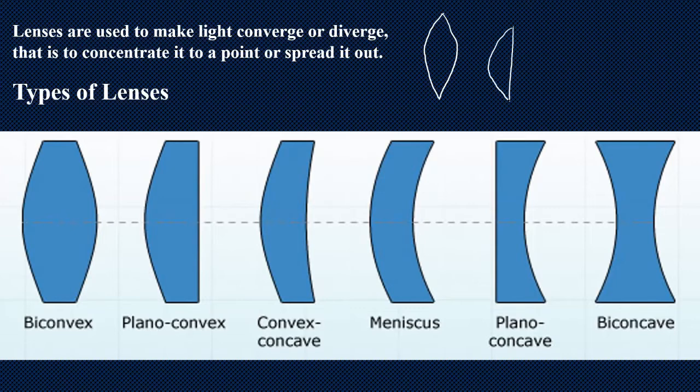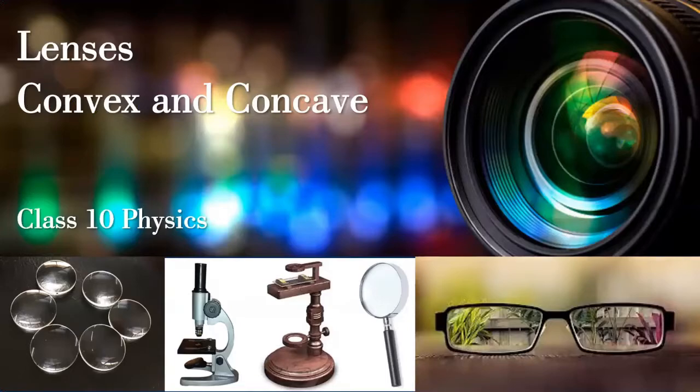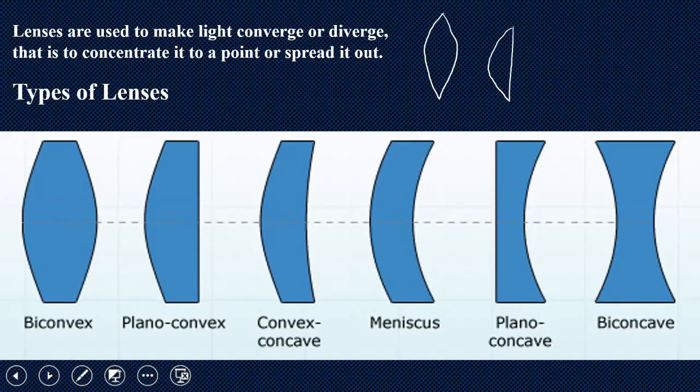Convex means bulging out. Then we have a third type, that is convexo-concave, wherein one surface is convex and another surface is concave. Okay, so this type is a convexo-concave. The fourth one is called a meniscus type, right?